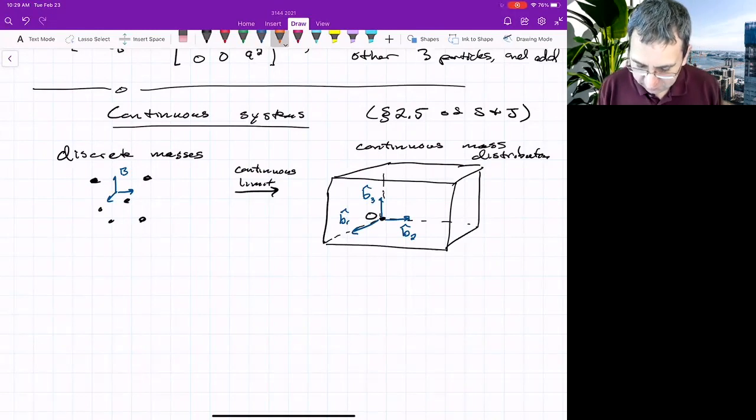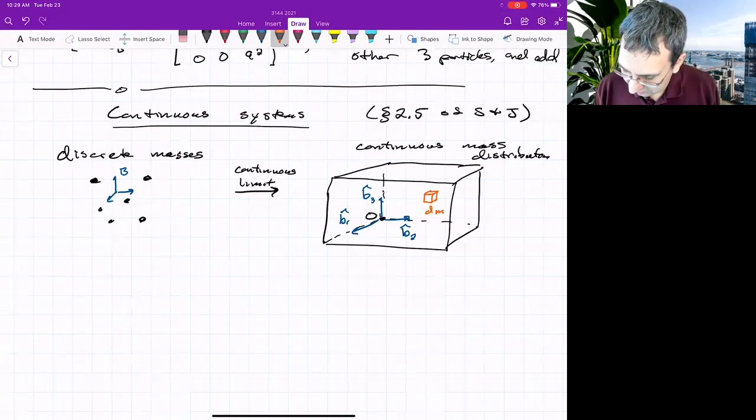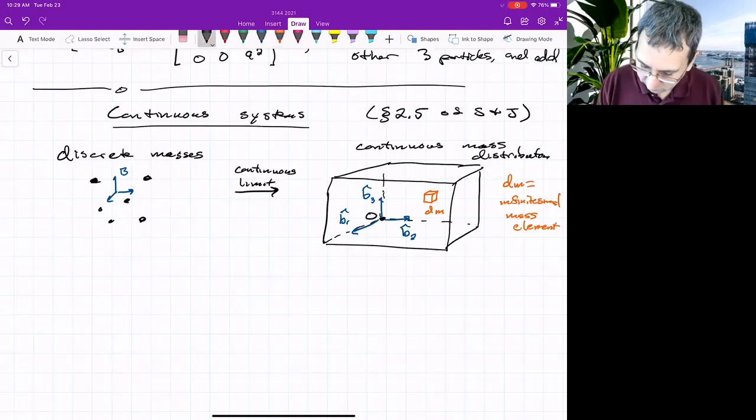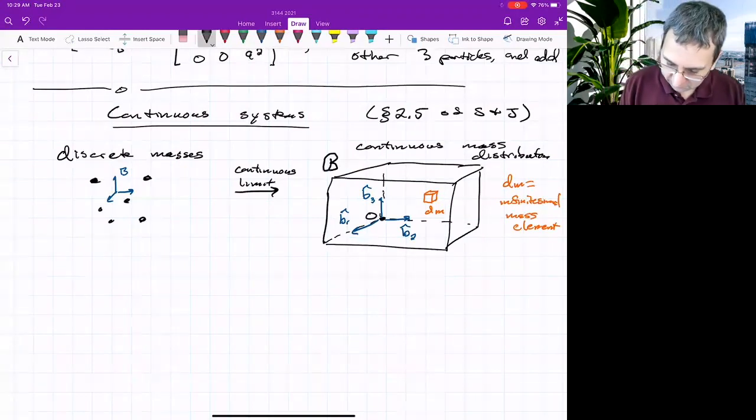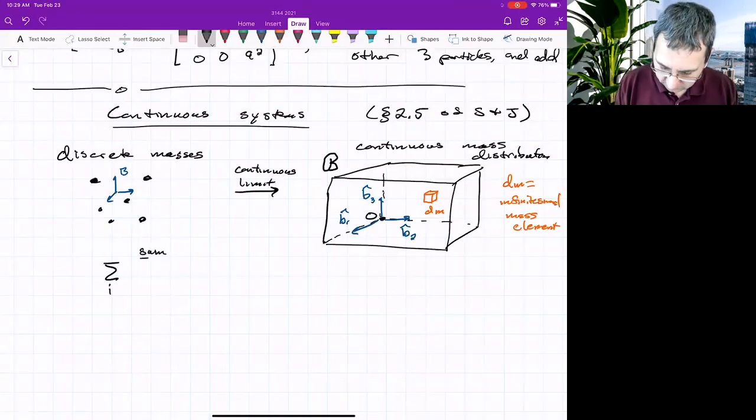And instead of individual masses, discrete masses like we had here on the left, now we've got tiny volume elements or mass elements. So you could call this dm. dm is an infinitesimal mass element. We might refer to this body by fancy script B, so that instead of over here, before we had to sum over discrete masses, a sum, right?